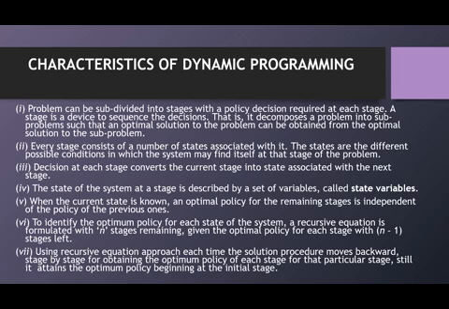To find the solution of the nth stage, we are supposed to solve the problem, but the nth stage cannot be solved directly. So you will define it recursively based on the n minus 1 stage, and this n minus 1 stage is recursively defined based on the n minus 2 stage. So we are moving backwards.